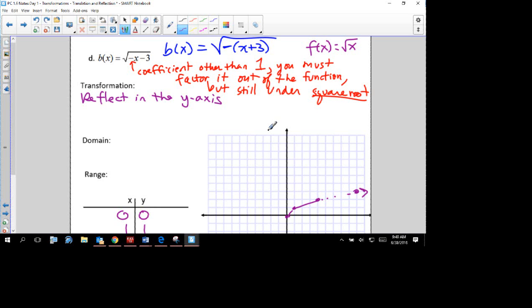And then the +3 is translate 3 units where? Who thinks it's left? Who thinks it's right? Who doesn't know? Left. It is opposite. If it's horizontal, it's the opposite operation. Since that says +3, we say -3 or left.